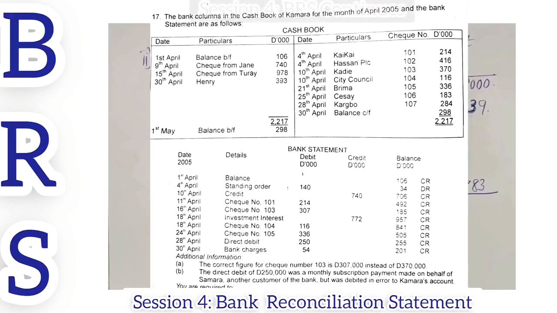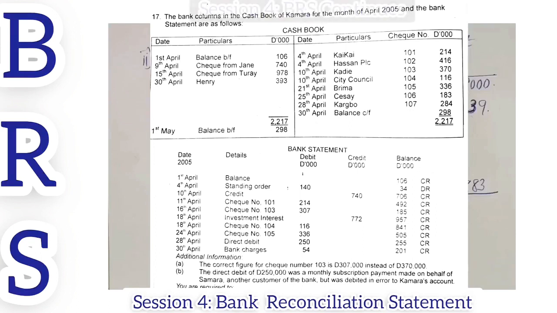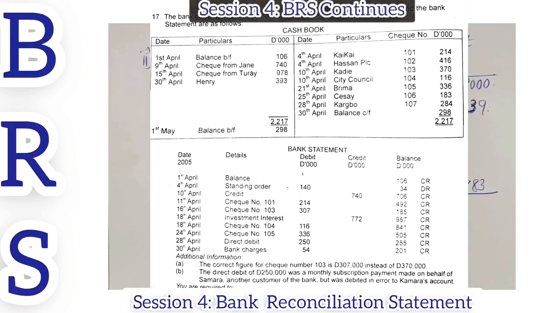It says that the direct debit of $250,000 was a monthly subscription payment made on behalf of Samara, another customer of the bank, but was debited in error to Kamara because of the similar name. So this was a wrong debit.